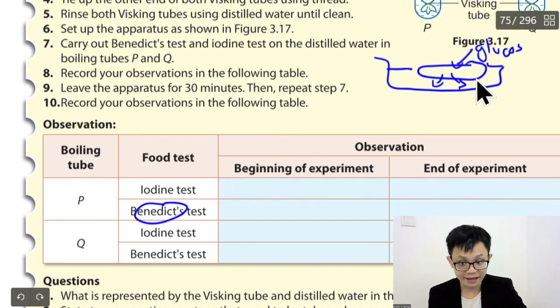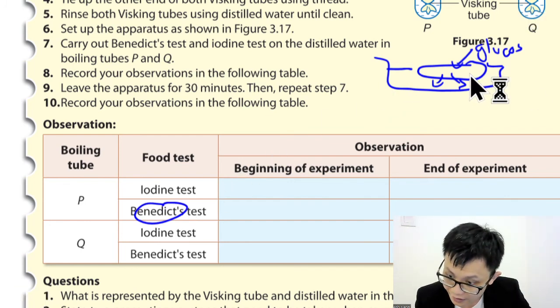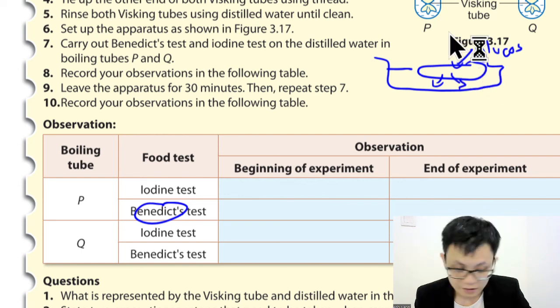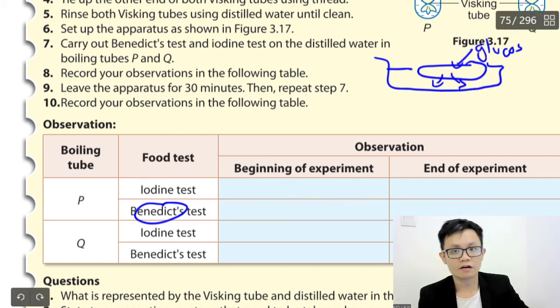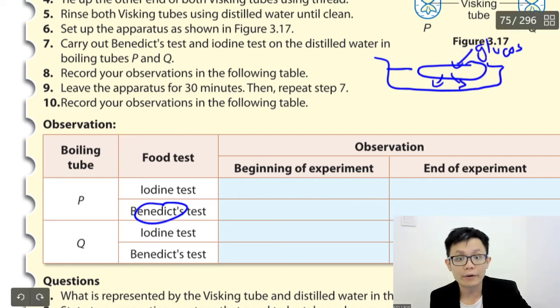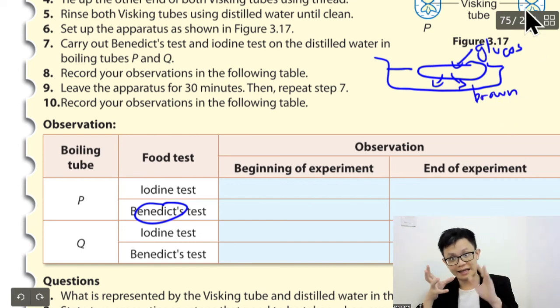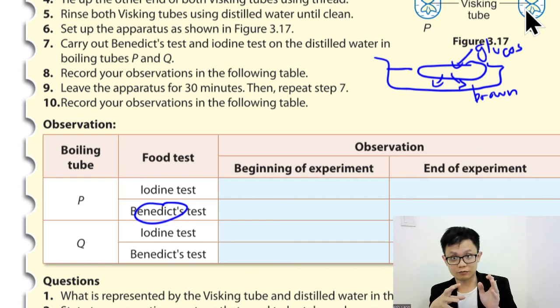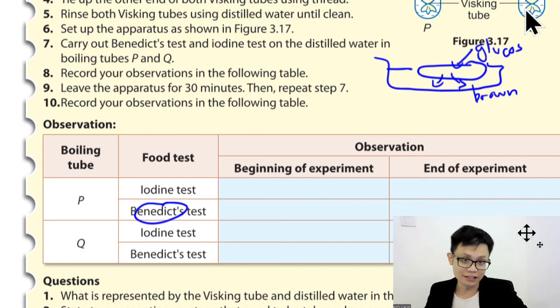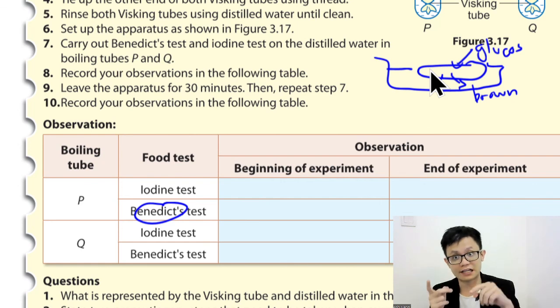After the Benedict test, it will become brown, showing that there is glucose present in the water. So it's science.